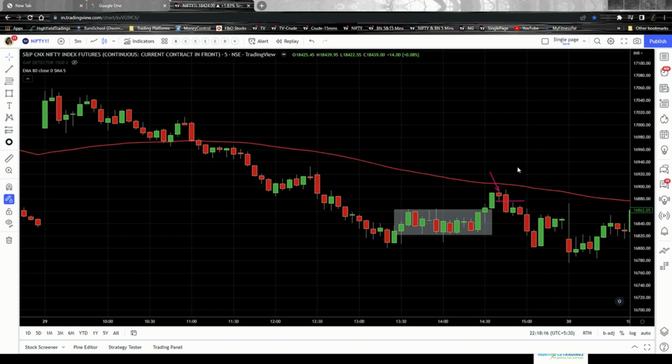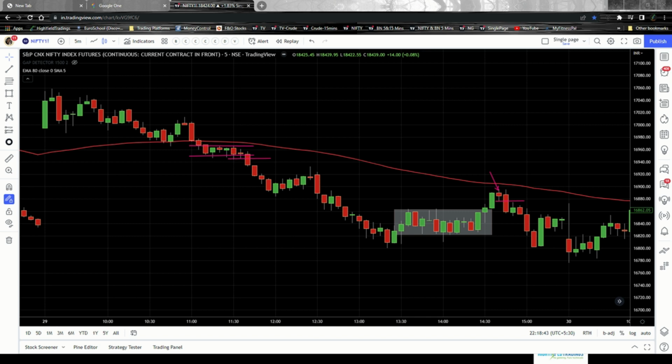Okay, now if we talk about some more scenarios here, if we go back on that particular day, where do you see the other consolidations to be happening? I would say this was a consolidation, right? This area was a very nice consolidation. So where would you initiate a sell trade here? The consolidation was broken at this point, right?